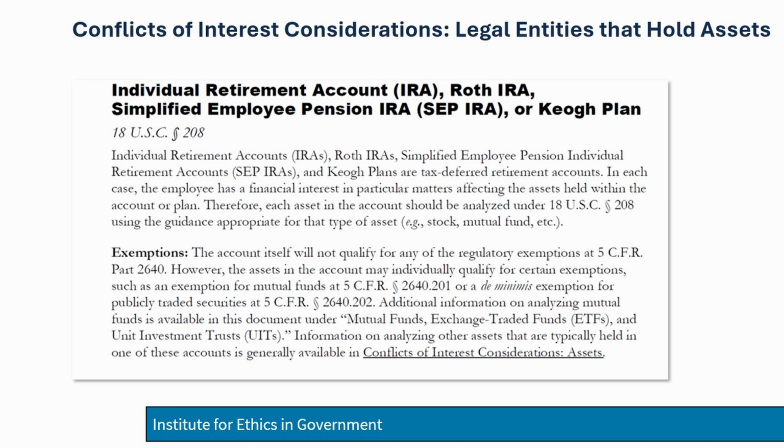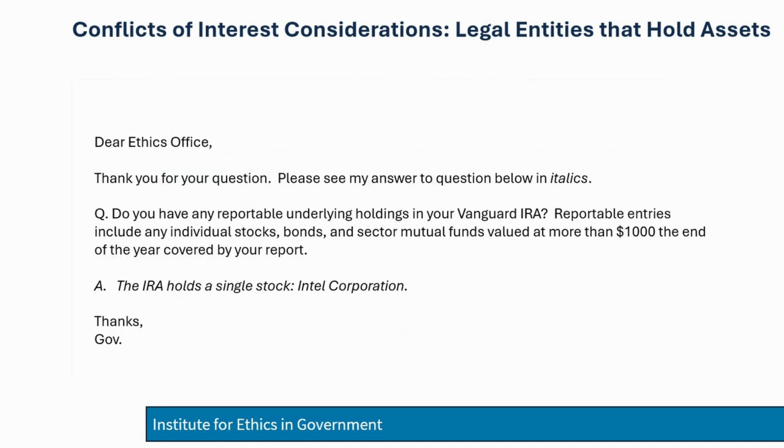When we do, we learn that our nexus test should apply to the underlying holdings of the plan, such as the stocks, bonds, and non-diversified mutual funds the filer may hold. Using the 2 resources together, we learn which information we need from the filer, and most importantly, why we need it.